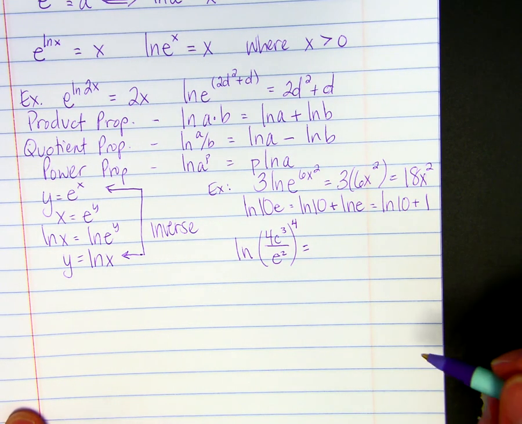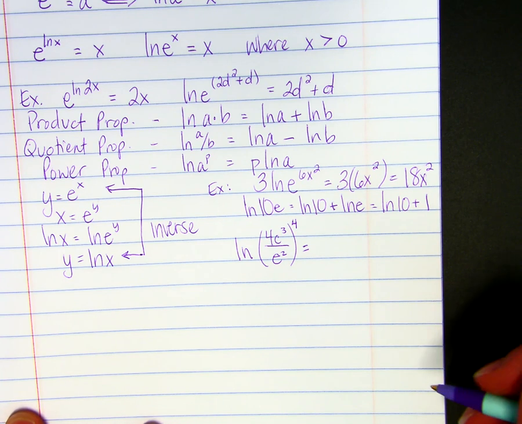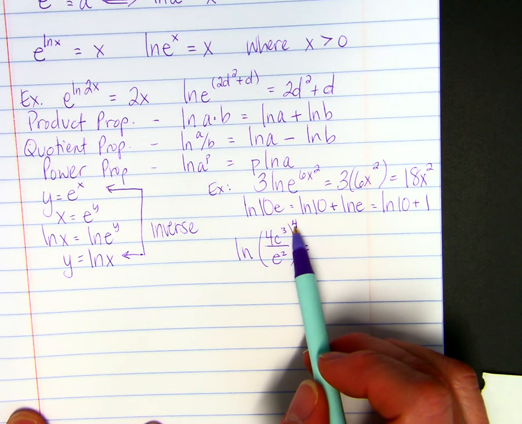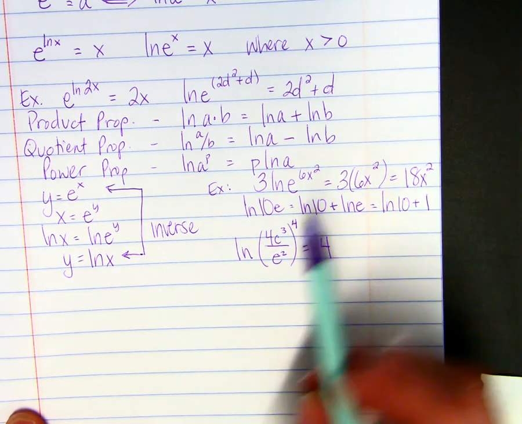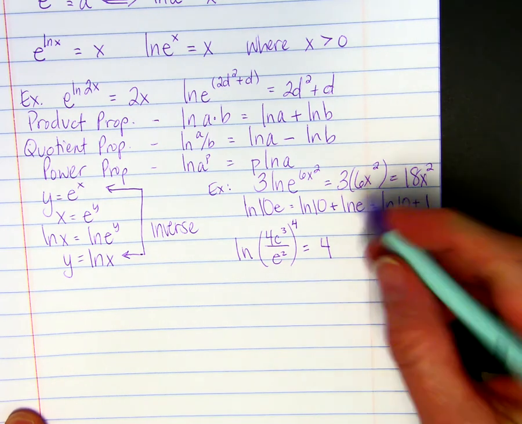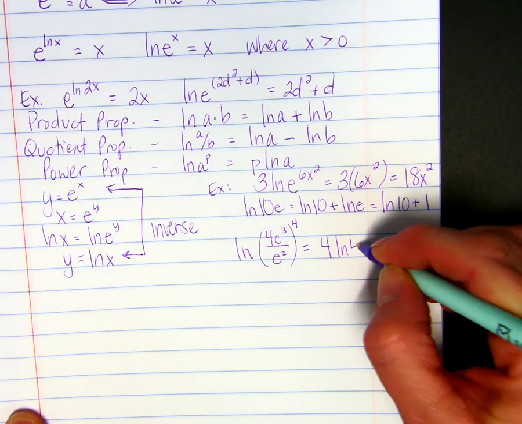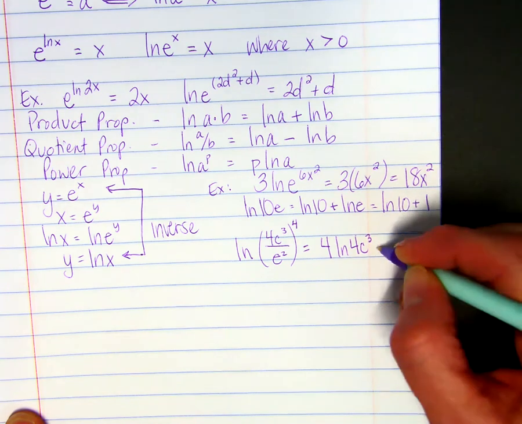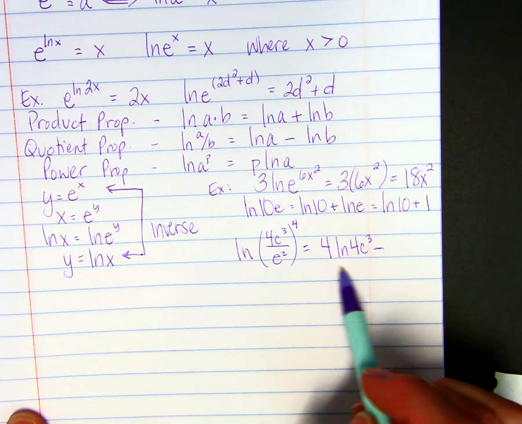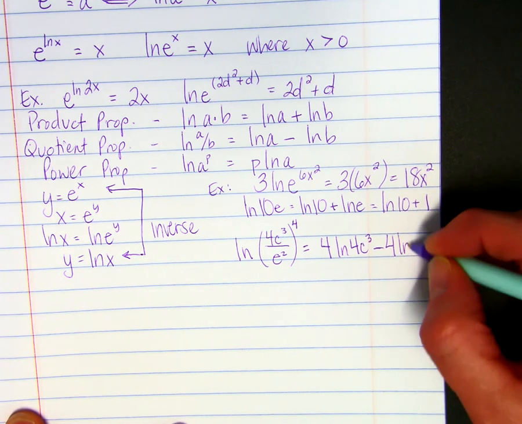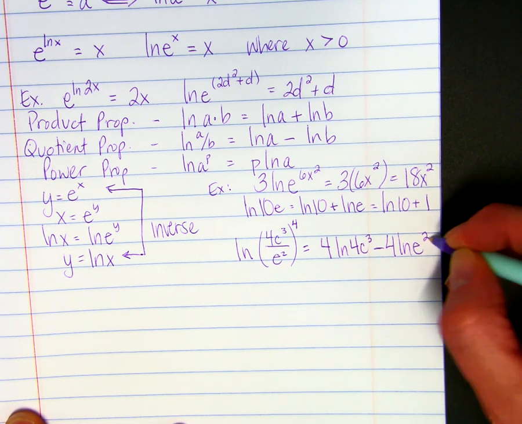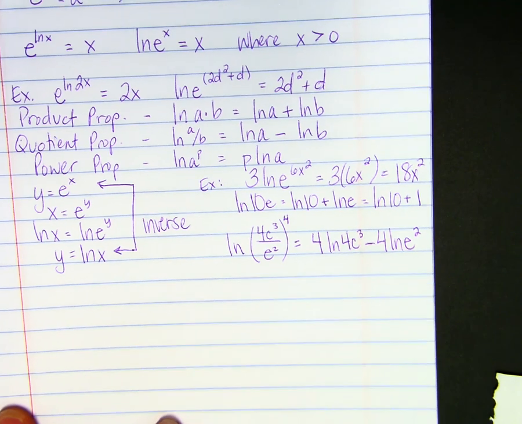Yes, we're going to use the quotient, the power, and the product property. So we're going to take this 4, put it to the outside, and then we're going to subtract those two. So natural log 4c cubed minus, instead of putting parentheses, I'm just going to distribute that 4 inside, natural log e squared. This is super fun.